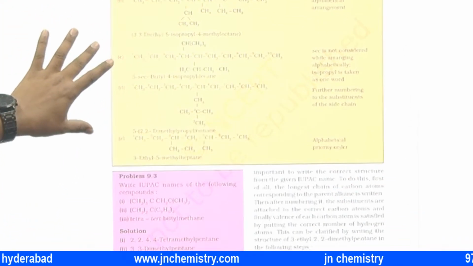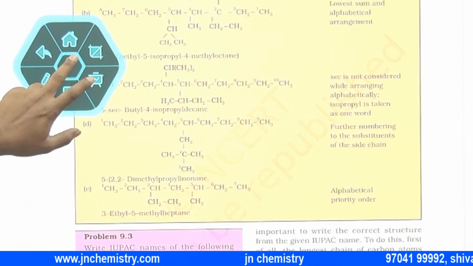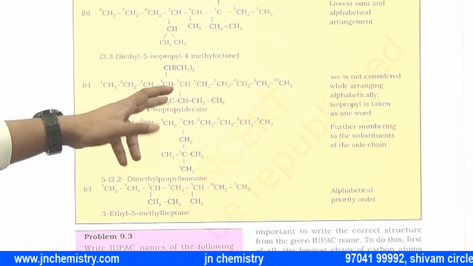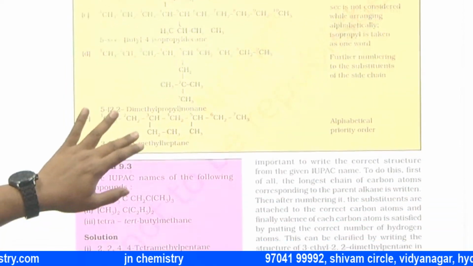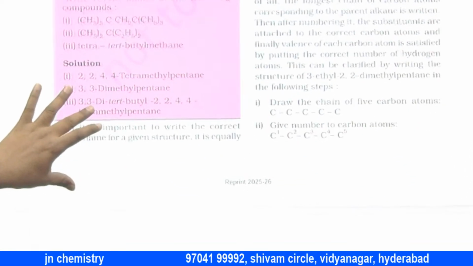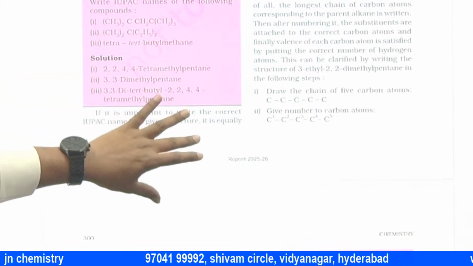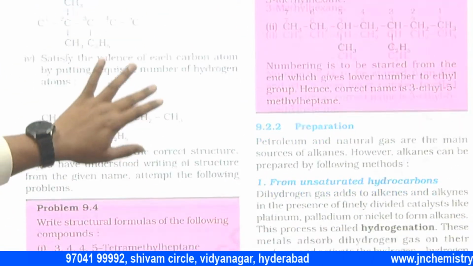Here the nomenclature part. Ethyl. So beautiful examples are there in the NCERT, because if you go with the Singh book or something else, we had n number of things, but NCERT is the standard book, so which we need to follow, right?